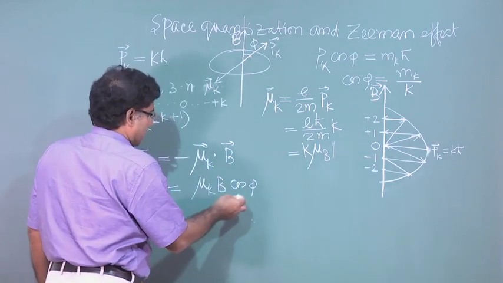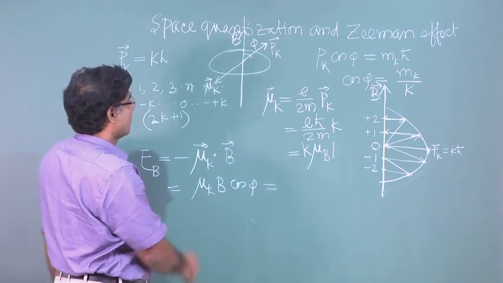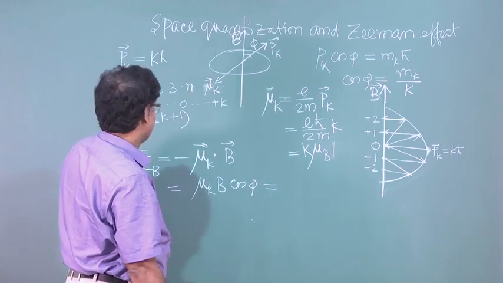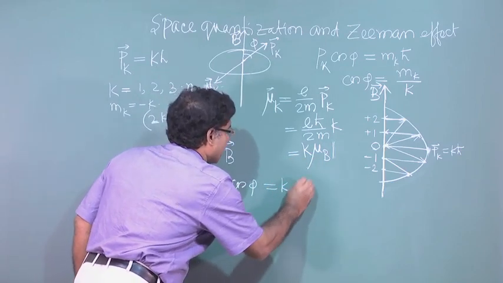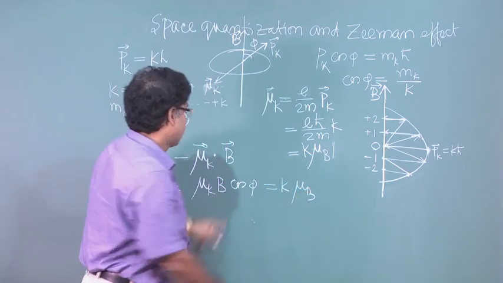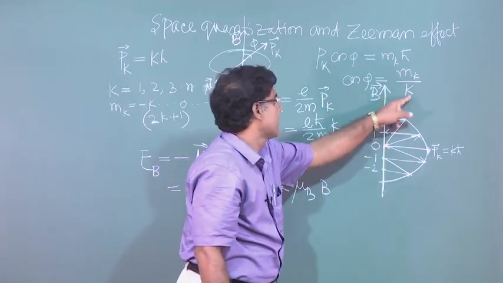Now I can write mu k as k mu v, b is there, and cos phi I can write as m k by k.